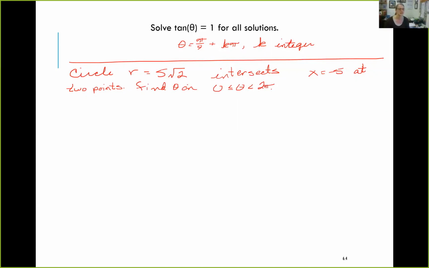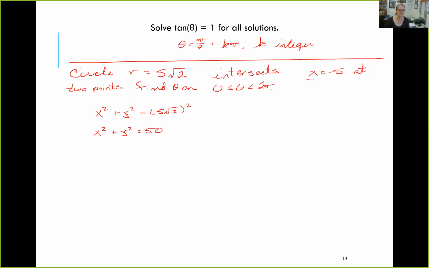Now our circle is going to be centered at the origin, so we need to remember what that means. So we can write the equation of the circle, and that is x squared plus y squared equals r squared, so that's going to be 5 square root 2 squared. So x squared plus y squared is equal to 50.